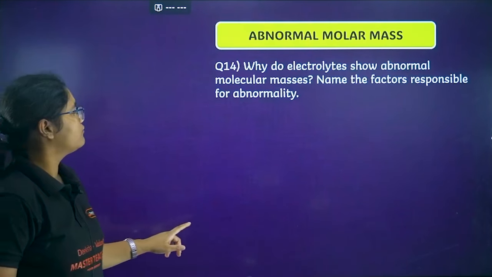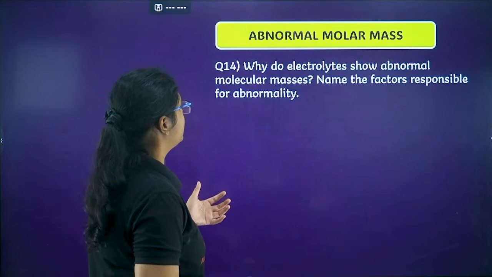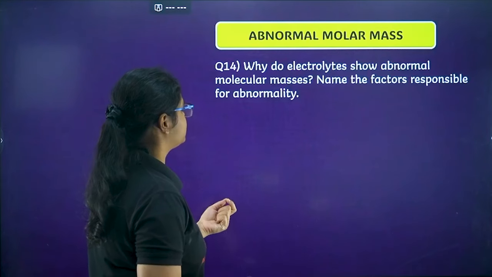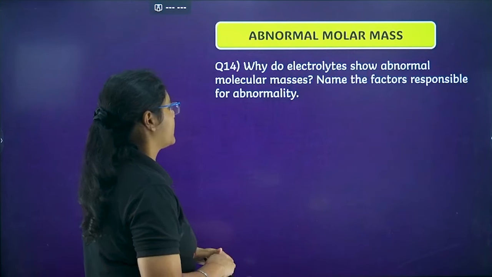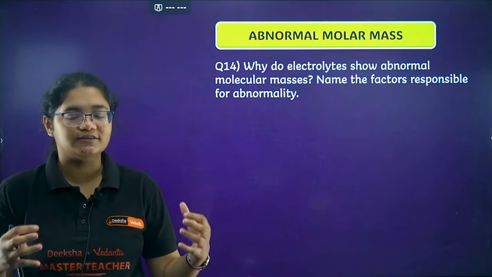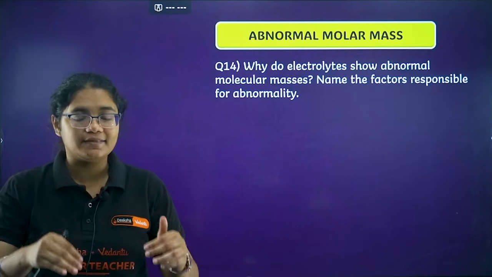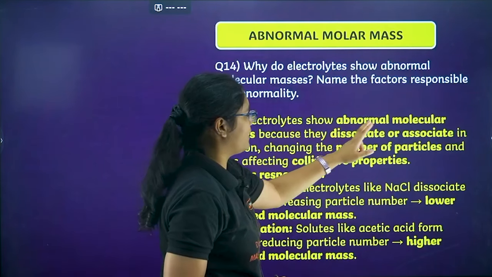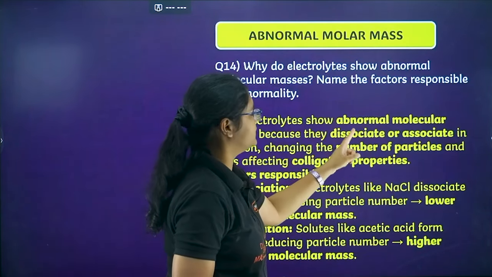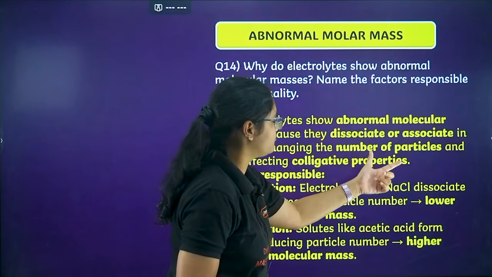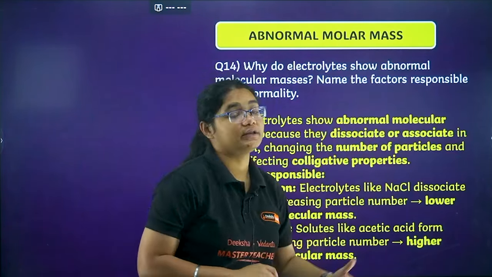Okay, now why do electrolytes show abnormal molecular masses? Name the factors responsible for abnormality. Now see, electrolytes are those which can dissociate or associate when you add them to solutions. Electrolytes show abnormal molecular masses because they dissociate or associate in the solution, changing the number of particles and thus affecting the colligative properties.